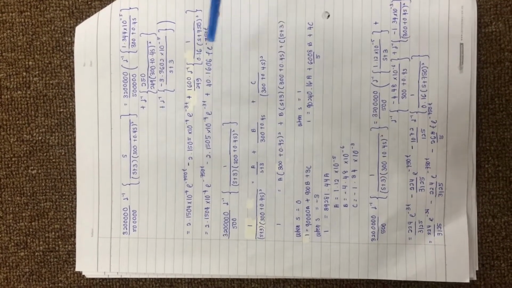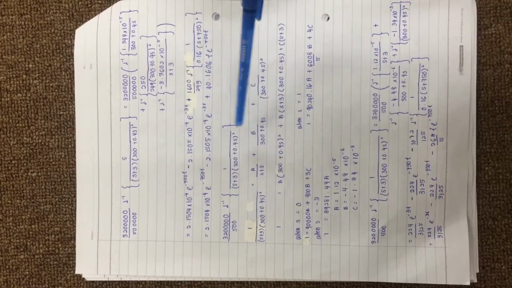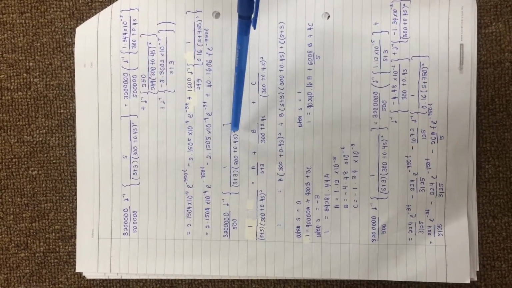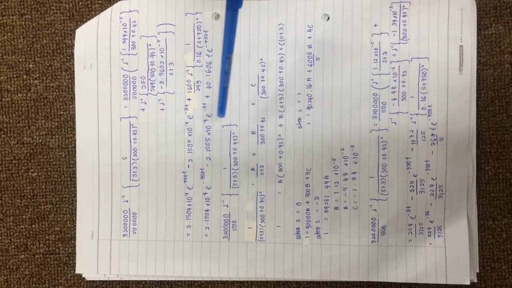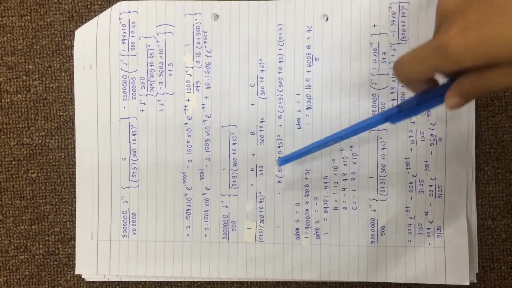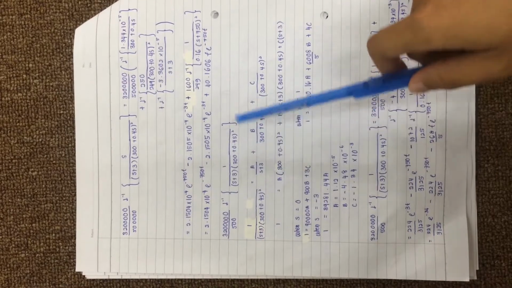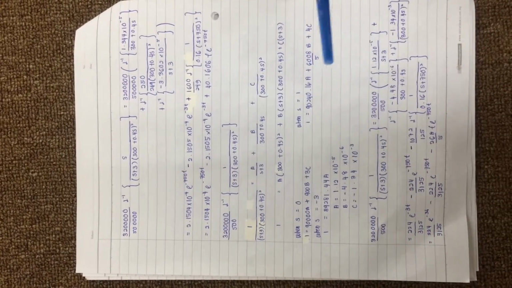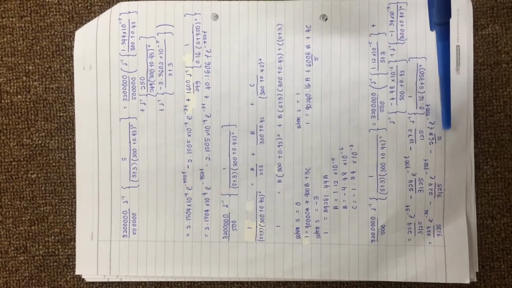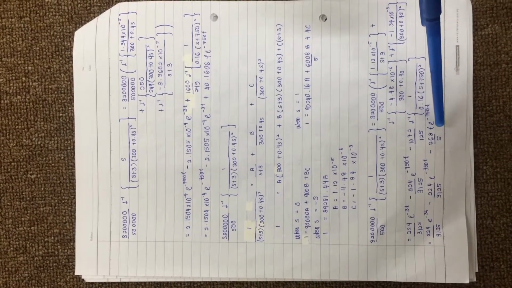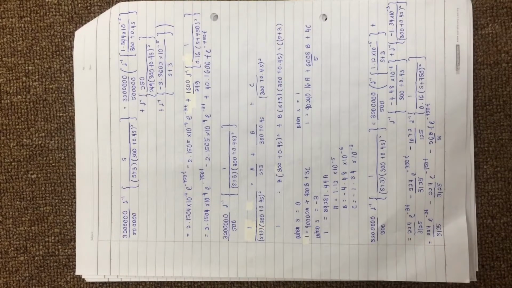Okay, for the fourth fraction, this is the equation, and then we need to find A, B, and C. So this is the answer for the fourth fraction.